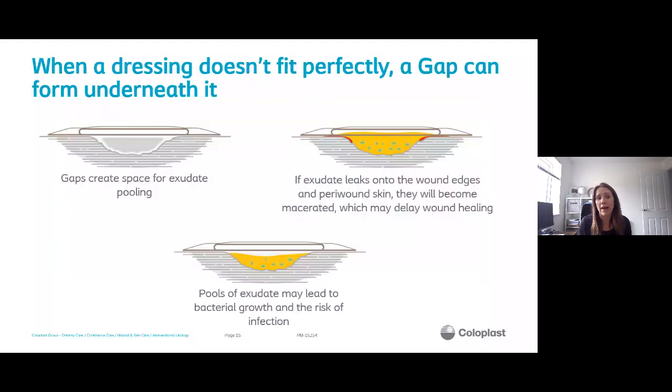So when I talk about the gap, I mean the gap between the wound bed and the dressing that we're applying. And if that gap is allowed to form, it can lead to exudate pooling. And if exudate then leaks onto the edge of the wound or peri-wound skin, it can become macerated and delay healing further. The pools of exudate may also lead to bacterial growth and increased risk of infection.